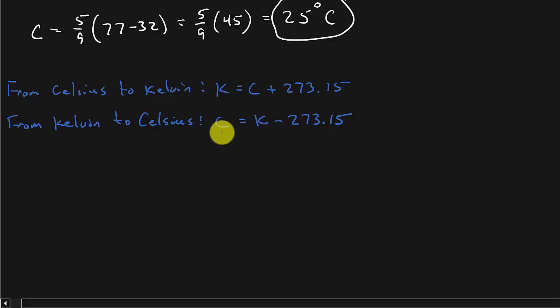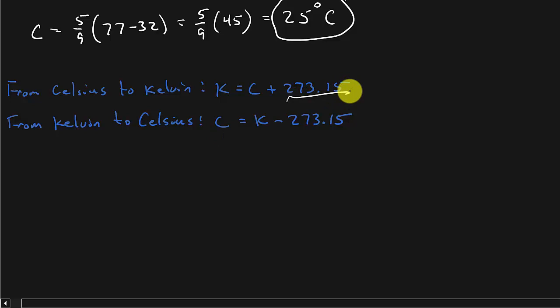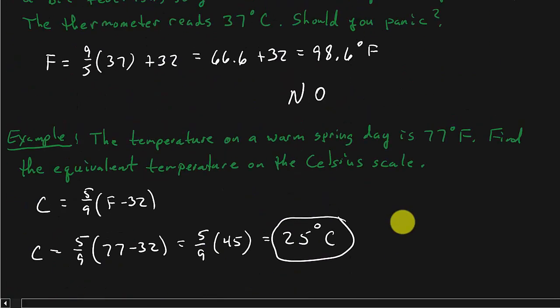Okay, so if they give you Celsius and they want you to find Kelvin, add this number to it. If they give you the Kelvin temperature and they want you to find the Celsius, subtract that number, and that's really all it is. Okay, so I hope all this made sense.